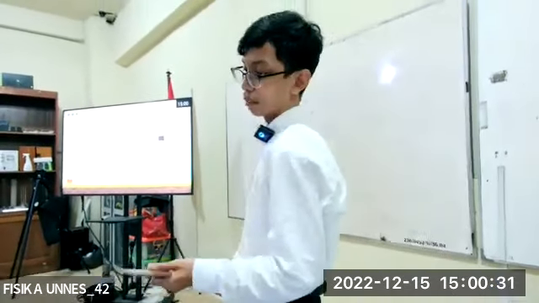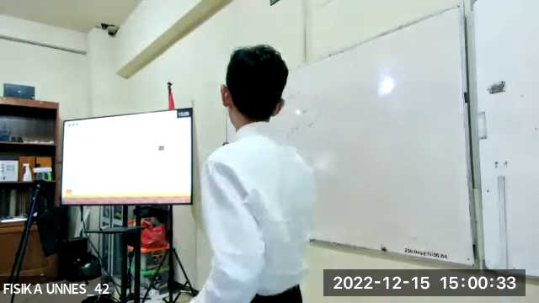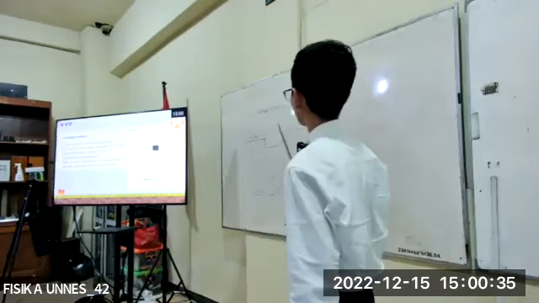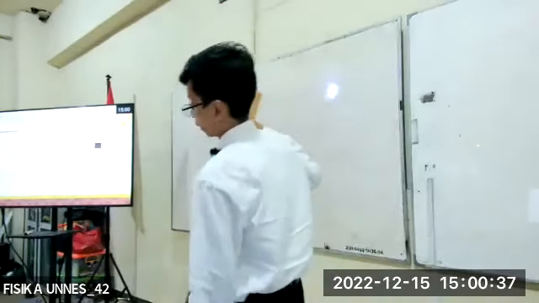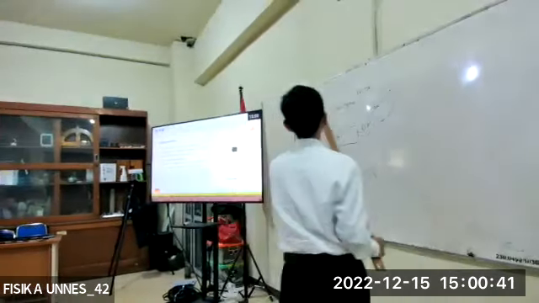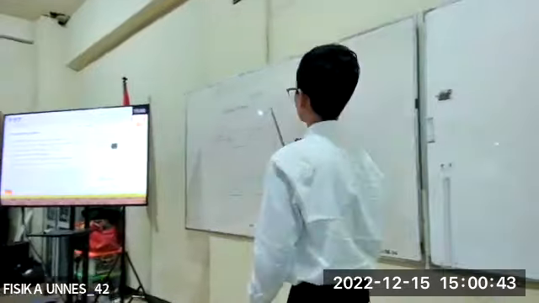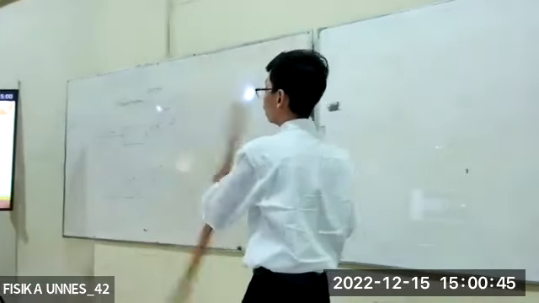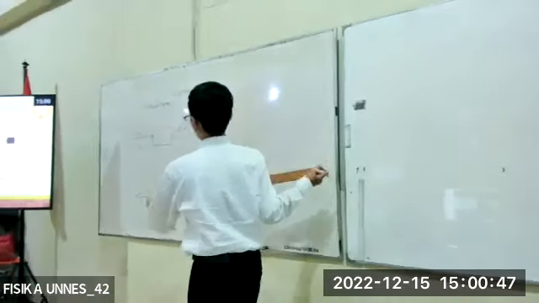And the next method is by using parallelogram. If in the polygon method we make it as a triangle, in the parallelogram method, of course, we use the first vector F1 and the second vector F2 as the parallelogram.